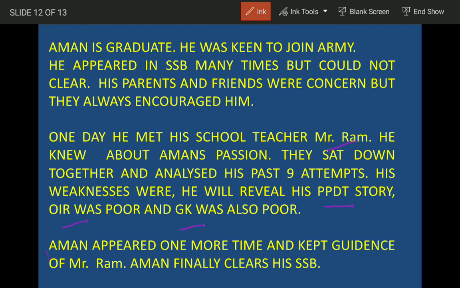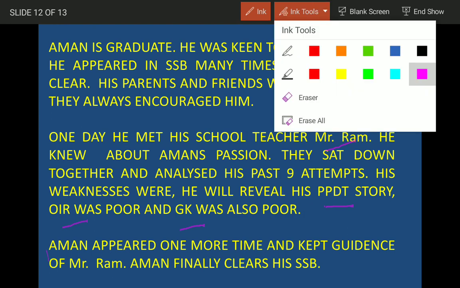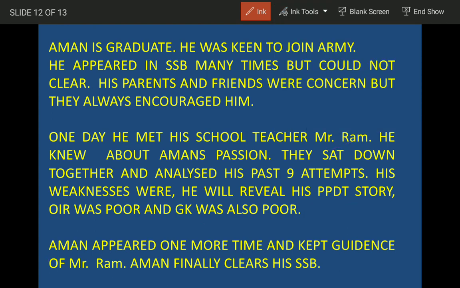So on the 10th time when he appeared, he corrected these mistakes and he ensured that his story is not leaked out. He spoke very well at the time of narration, and obviously when his GK and the other things were good, he could tackle the subsequent days also effectively, and this made Aman clear his SSB. So this is my story.